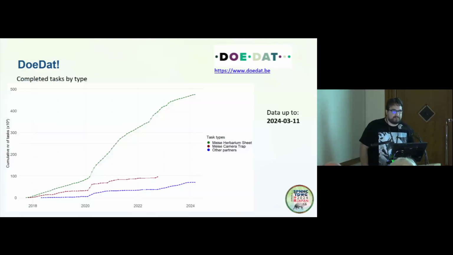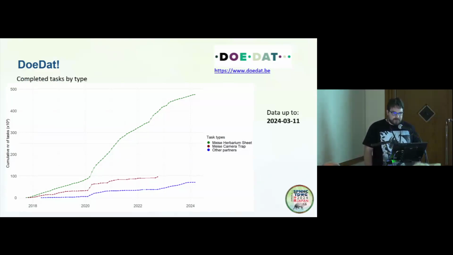I've compiled some statistics as well. This graph shows a breakdown of different types of tasks, cumulative over the years. You can see that the biggest chunk has been specimens from our own herbarium, being transcribed by our volunteers and georeferenced in most cases.